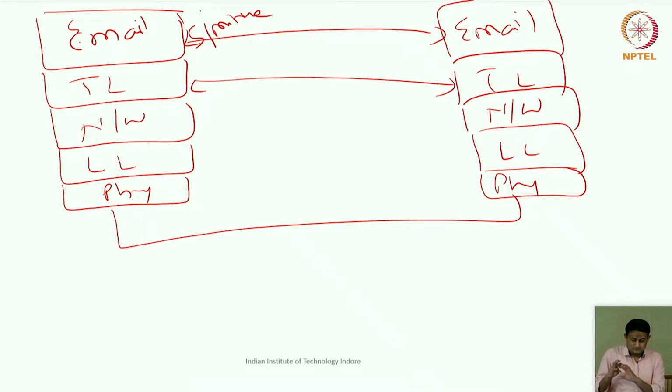The advantage of SSL or TLS operating there is that you can use it for many applications that you cannot do with S/MIME. S/MIME is only meant for providing security to email communication and nothing more than that. You cannot use it for HTTP or other similar applications. So that is one difference.